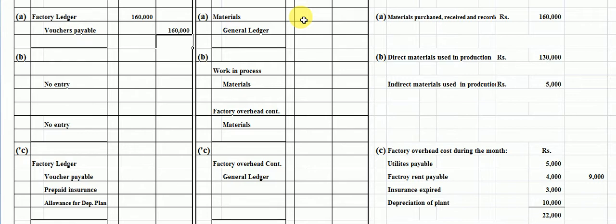Now students, in the factory office book, the material is incoming in the storeroom. For this purpose, the material should be debited in the book of factory at the amount of 1,60,000 rupees.